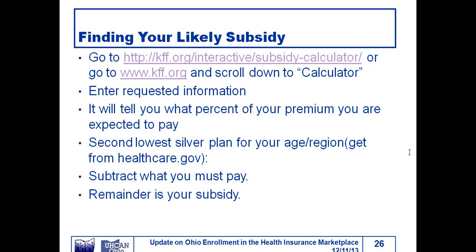And then it gives you kind of an average plan and so a general idea of what you'll pay for someone of your age and in your region. But frankly, I think it's a little bit more accurate if you then go back and look at the plans and find the second lowest silver plan in that list that we were just looking at the screenshot of. And then you subtract what you must pay, just like Cathy showed a little earlier on the other slide, and the remainder is your subsidy. Next slide.